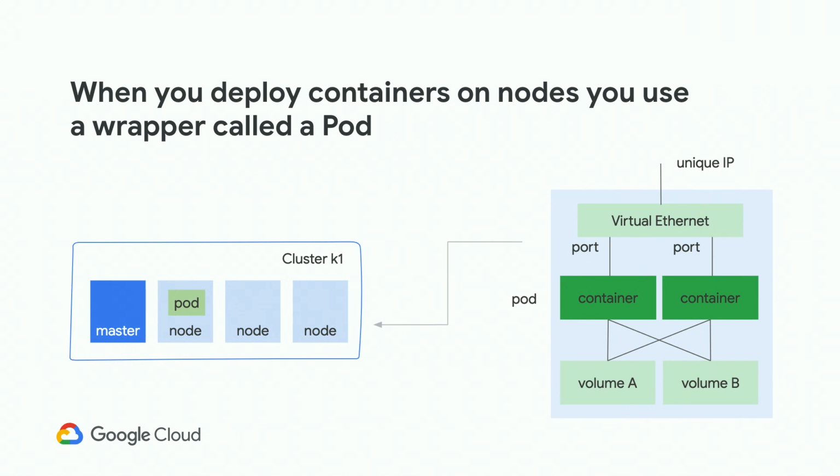All right, so when you're going to deploy a container on the nodes, you use a wrapper called a pod, P-O-D, pod. If you ran a container before with Docker, what's the smallest unit? It is the Docker container, the image, yes. But when you do a deployment, having a single container serve your customer is actually hard, because in a container you try to minimize the things you do in a single container.